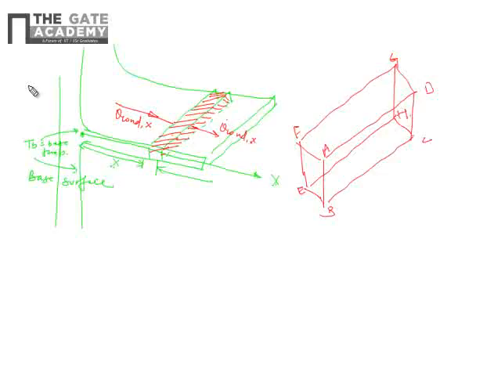Let us say this is x plus delta x. From the top, bottom and two side surfaces it can convect, so there will be one convection heat transfer. Let us say the cross sectional area of this fin is AC and the perimeter of the cross section is P.